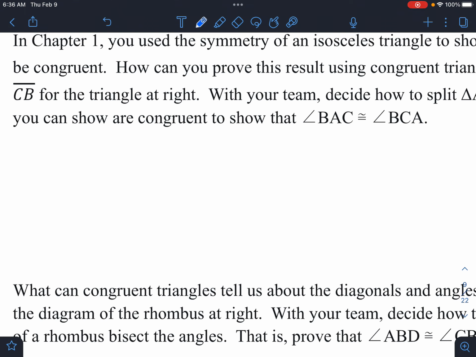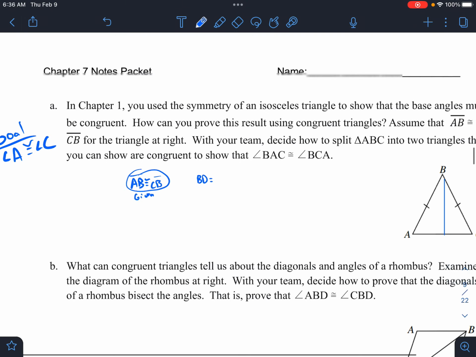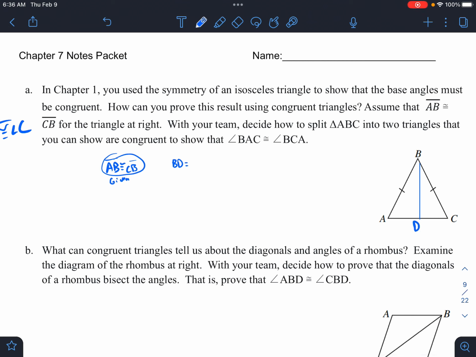So we know that AB is congruent to CB. This is given. Okay? We know BD is equal to BD, I guess we could label this D here. This is the reflexive, or that shared side. And both of these we should be pretty familiar with.